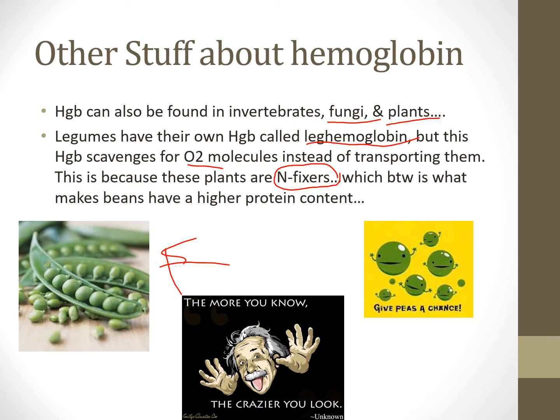It's pretty cool. The hemoglobin itself helps them with their own little metabolic process, if you will, and gives them that higher protein content ultimately. So it's pretty interesting to see how atmospheric gas and nitrogen fixers still work in other living things, and how we have such biodiversity and why it can matter. Now, I'm not expecting you to remember anything like this for the test. I just thought it was interesting material.